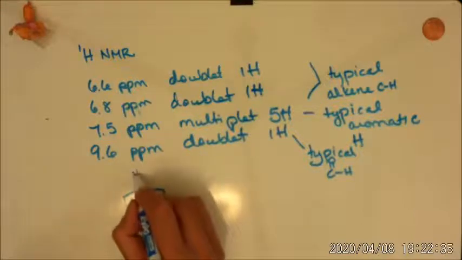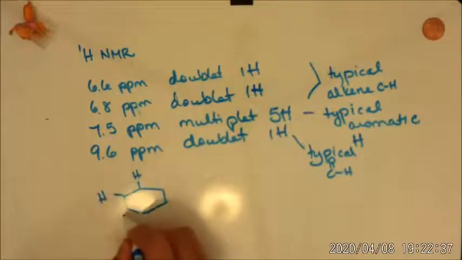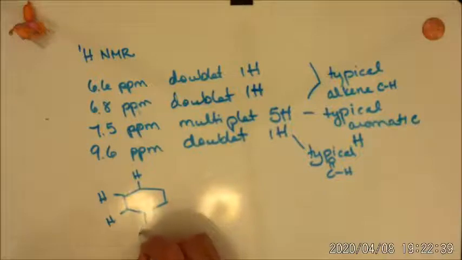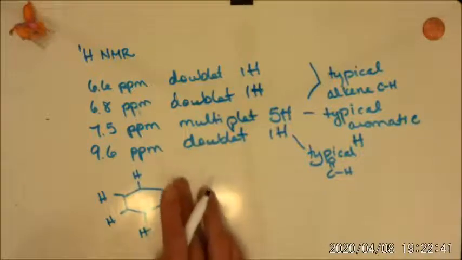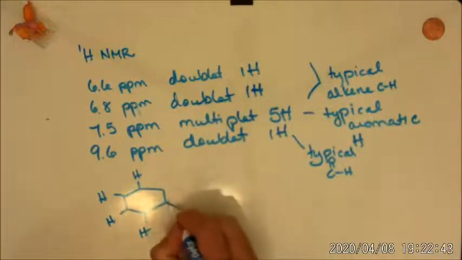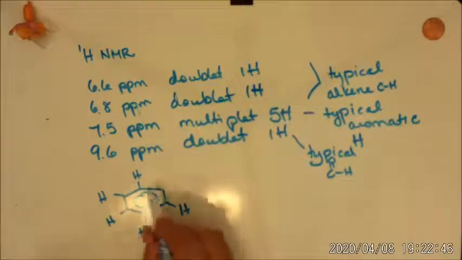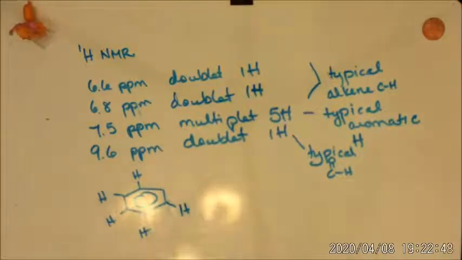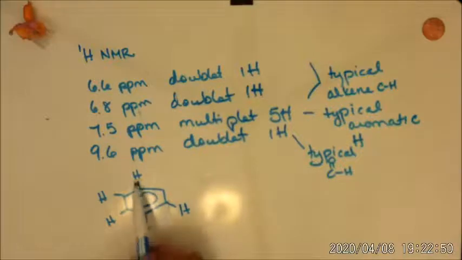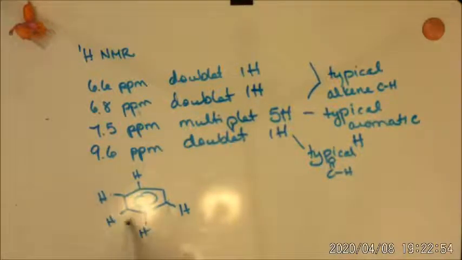I have 5 hydrogens on my aromatic. These are my 7.5 ppm. It's a multiplet. These are different than these protons, which are different from that. So these guys get a doublet.